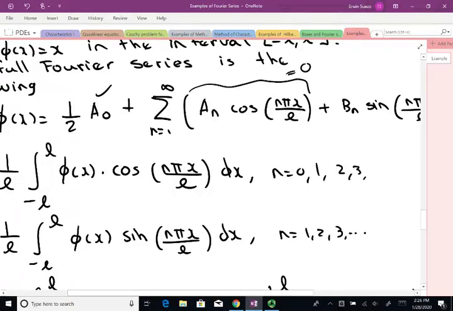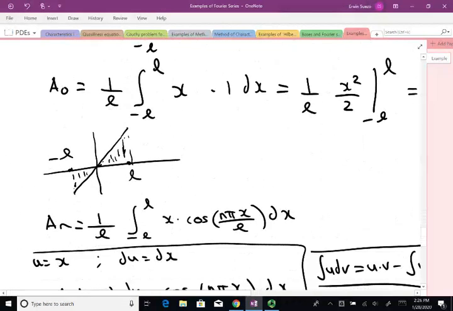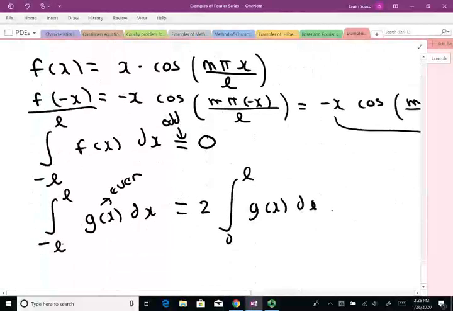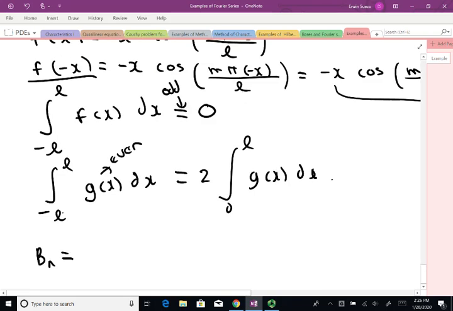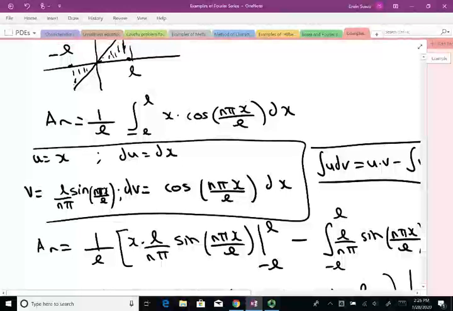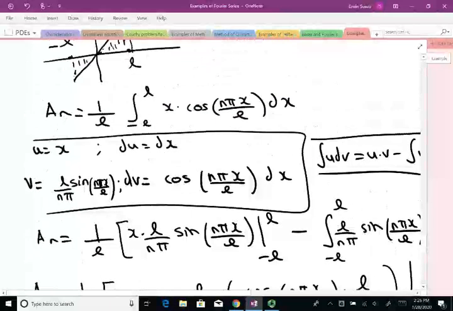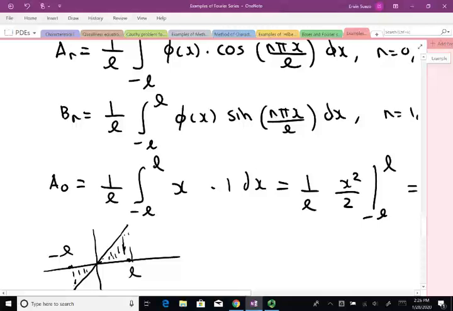So this is gonna be 0 because a sub n times that is 0, but let's put it like a sub n is 0. Okay, and now b sub n, following our formula over here, this is my formula for b sub n here, 1 over L integral from minus L to L of phi of x sine n pi x over L dx.